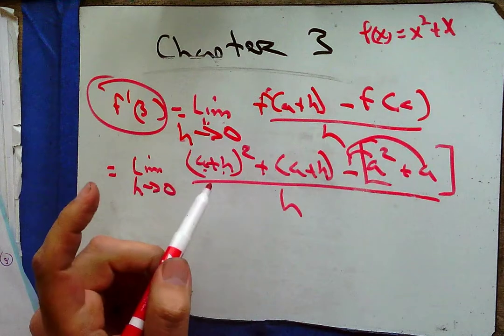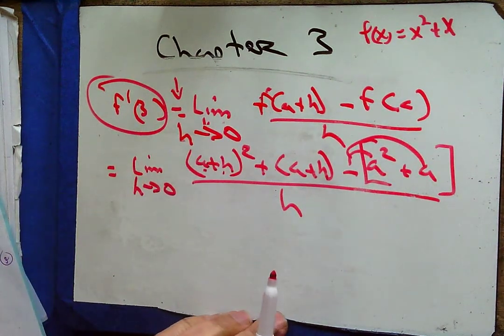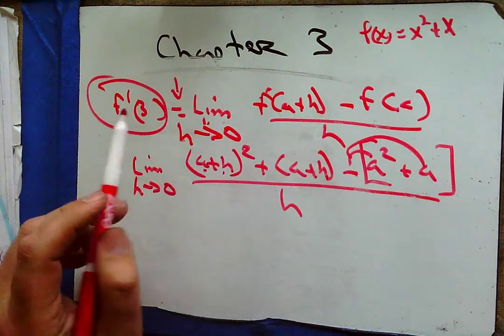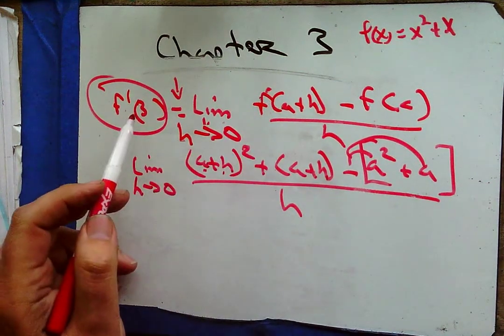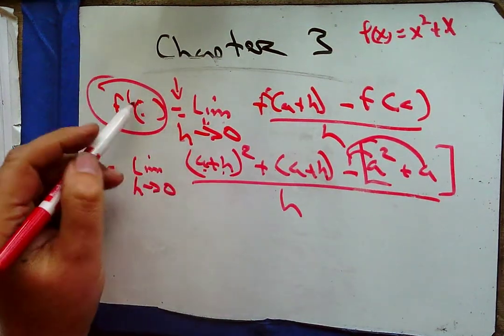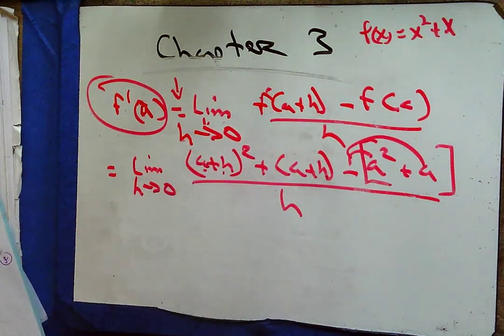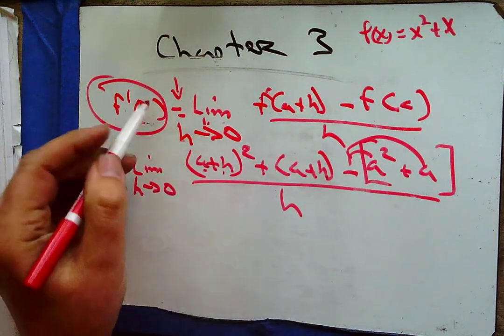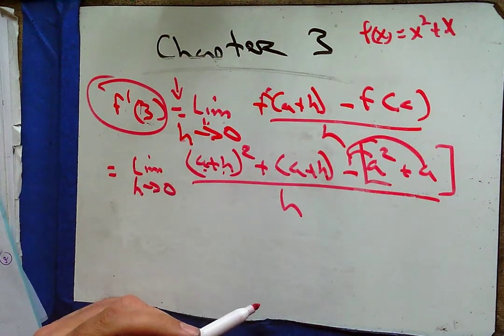Oh, by the way, this here, that's a problem. Because you've now told me that these things are supposed to be equal, and they're not equal. If you want to say f prime of a equals this stuff, that's legit. But if you say f prime of 3 is equal to this, no, it's not.